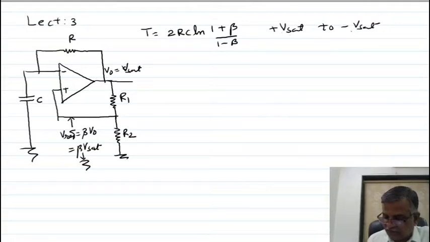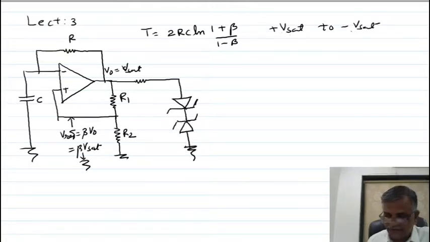You can change it with the help of Zener diode. If Zener diode is connected in a back-to-back manner as shown in figure, so I am connecting the Zener diode in this way, my output voltage will swing between levels like this.